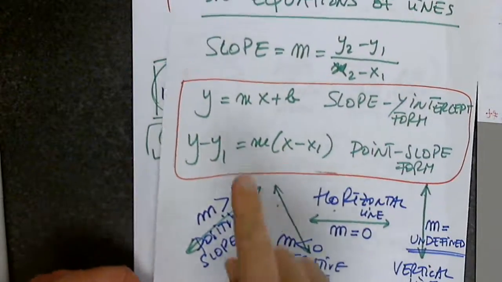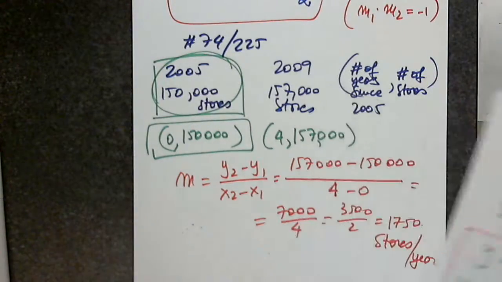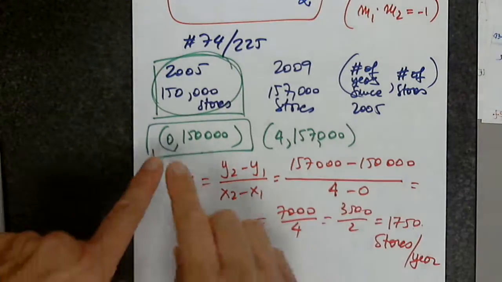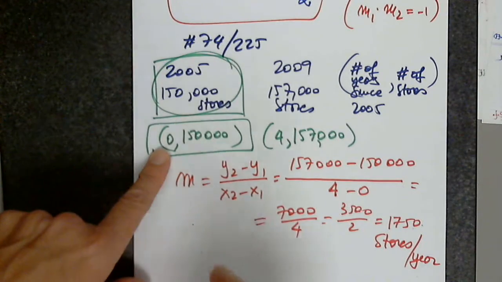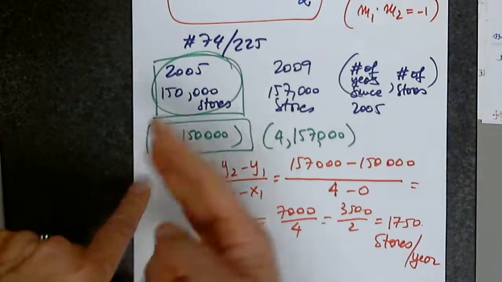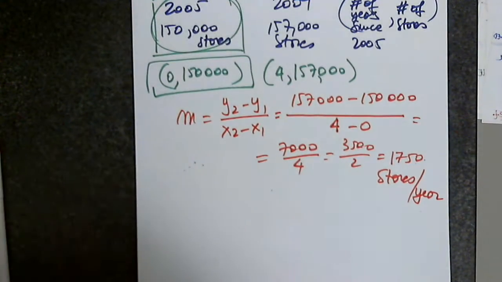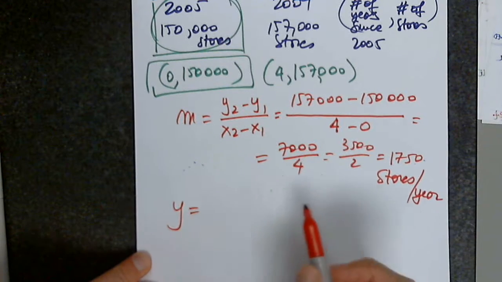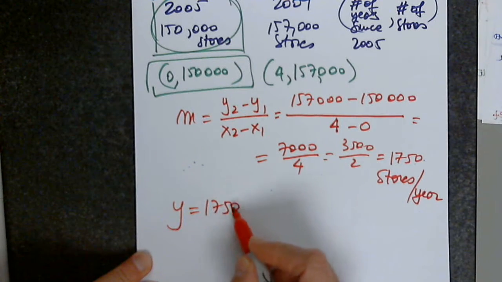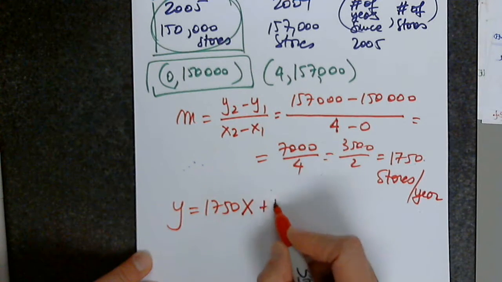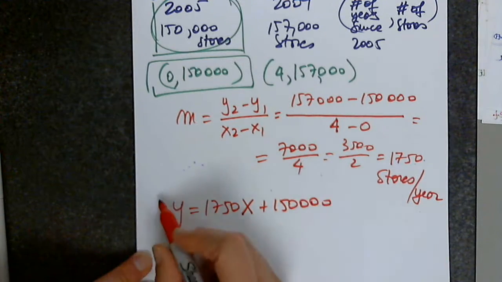But that's a special case. Only when I'm given 0, comma, a number, I can use that equation. If I'm given a number, comma, 0, I can't. So then I have y equals the slope 1750 times x plus 150,000.